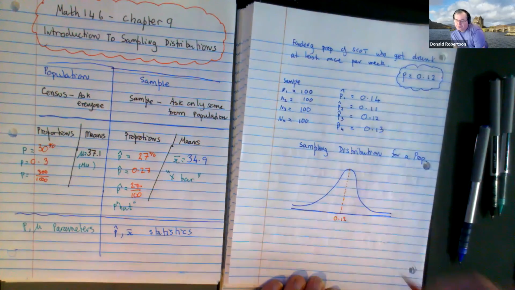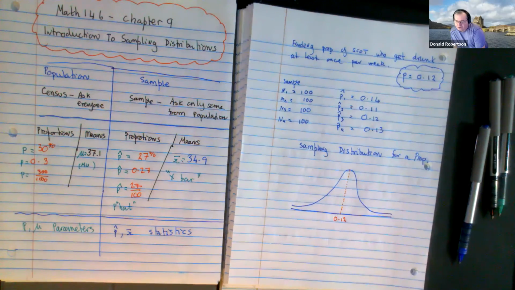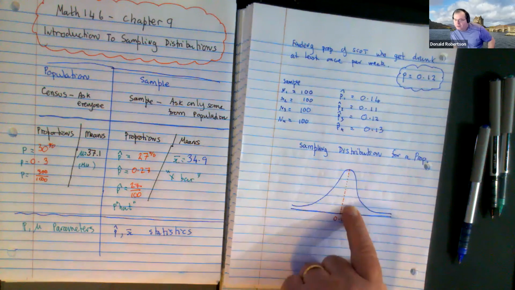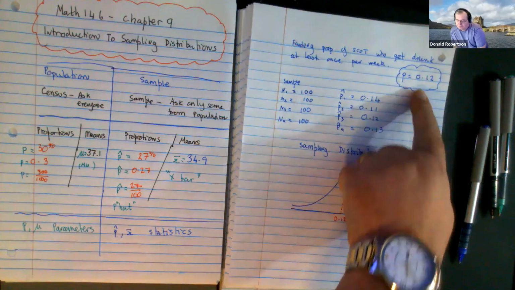Does that seem reasonable, that if you do lots and lots of samples, you get lots of different answers, but the most common answer should be that guy, or at least close to that guy?